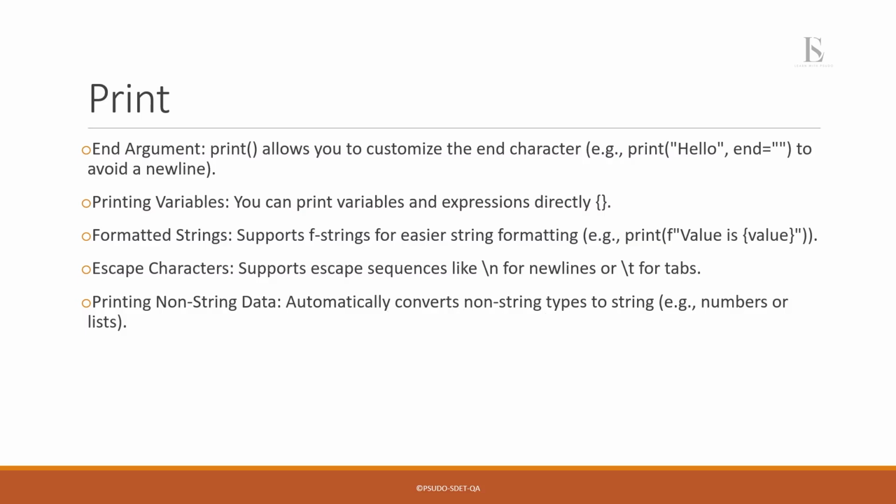We have to use comma separated values. If we try to concatenate and print, then we might get an error saying that these types of data cannot be concatenated. Say if you are trying to concatenate a float and a string, it might give you an error. But the best approach is to use comma separated values or use curly brackets if we have variables, right?